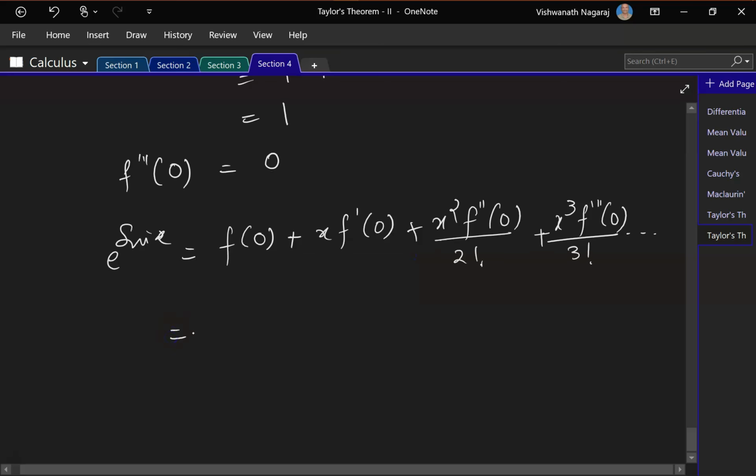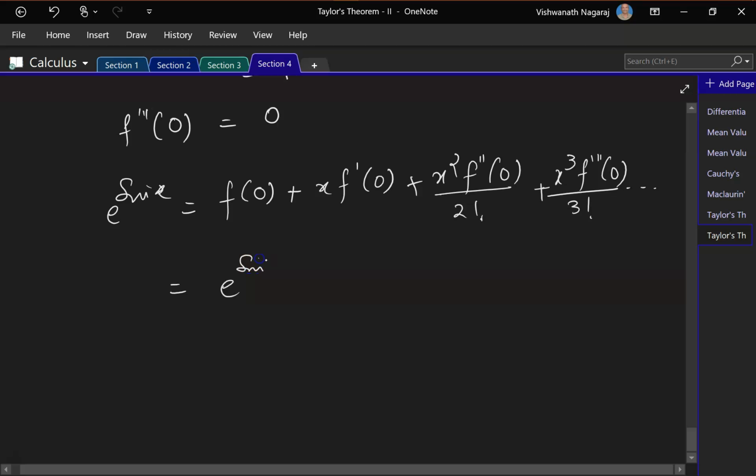So here f of 0 is what? e to the power of sin x, so instead of x we use 0. Plus x times f prime of 0, which is 1. So x plus f double prime of 0 is again 1, so x square by 2, plus this is 0, remember? So this whole thing becomes 0.